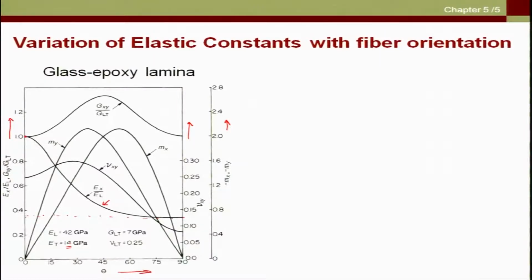Okay. So, at one extreme the value of Ex is El, I am plotting Ex divided by El, and at the other extreme the ratio is 0.33, which means that it is about 14 GPa, because the material system which has been chosen is such that El is 42 GPa, Et is 14 GPa, GLT is 7 GPa and nu LT is 0.25.